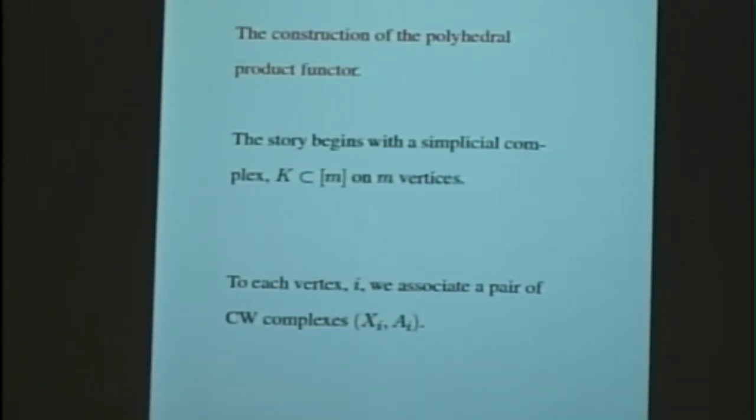So let me briefly recall what Fred did to give the definition of the polyhedral product functor. The story begins with K, a simplicial complex on m vertices, and associated to each of the vertices, I have a pair of CW complexes, Xi, Ai, and it will eventually have to insist that Ai have a base point, a point, no pun intended, that Fred made a big deal about.